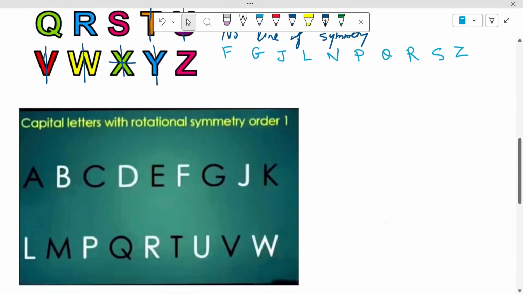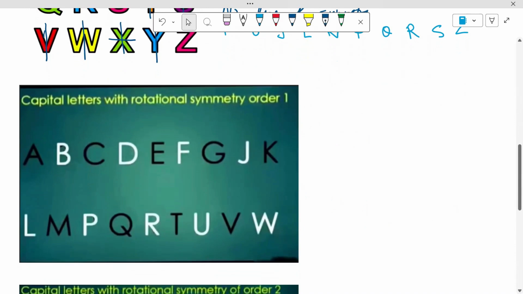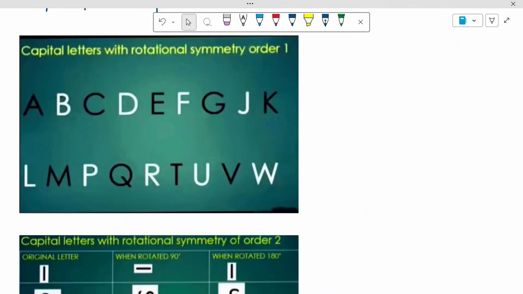Next, let's move on to rotational symmetry. Now, what are the rotational symmetry order 1 letters? These are the ones that when you rotate them, you have to rotate them fully to 360 degrees, then only they will look alike. Means if you keep on rotating letter A, you rotate it to 90 degrees, then it will not look same.